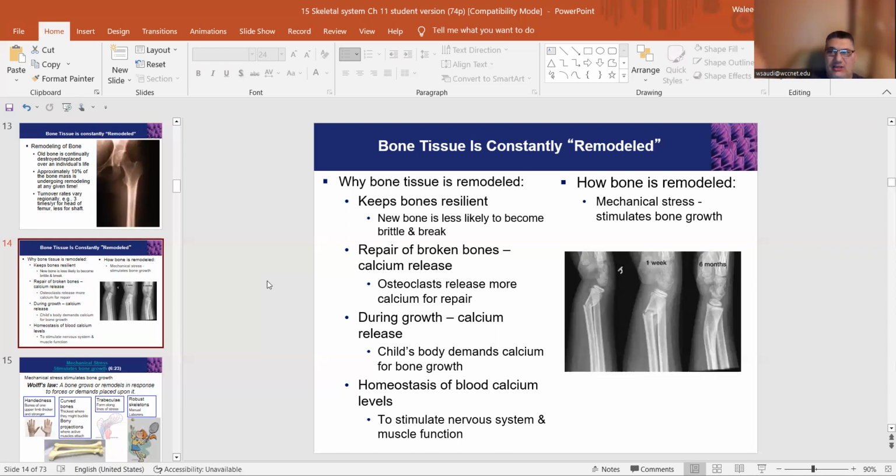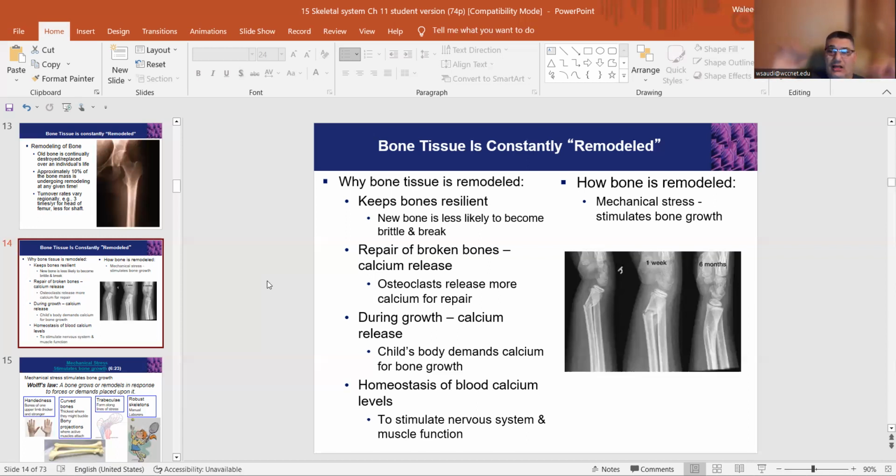I'm exercising, using the bone more, you need stronger bone, okay, I will make the bone stronger. Osteoblasts, adding calcium. You're not using your bone, not even the normal activities. The osteoclasts will assume that you don't need it. So why don't we dissolve the bone, take the calcium, use it somewhere else instead of just leaving it in the bone that you're not using? You get the idea? This is how it works.